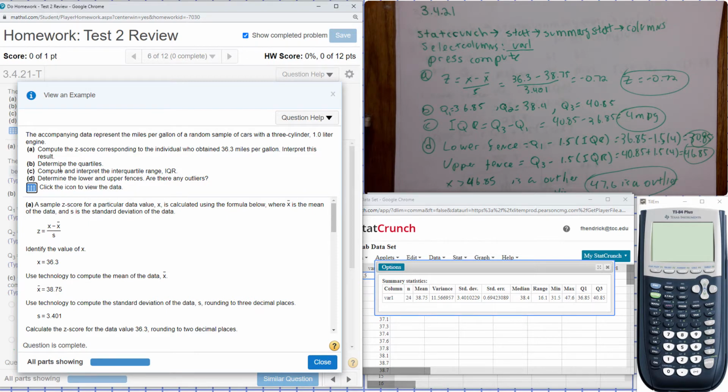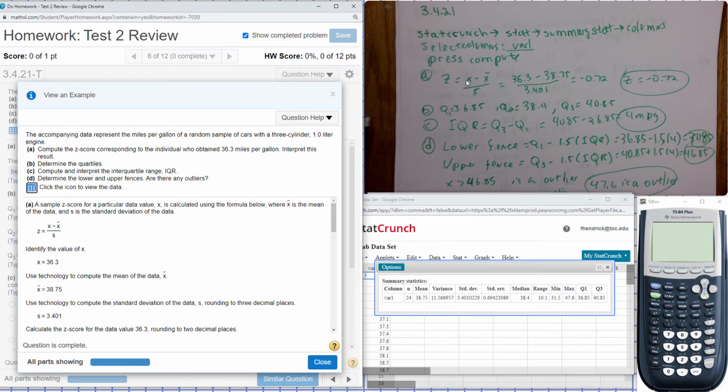So the first part here, find the z-score. So we're going to standardize the distribution to have the same numbers here. When you standardize the distribution, you can compare between different samples and different populations when they've been standardized, and actually talk about which one is smaller or larger, relatively speaking. So we have our formula for the z-score.